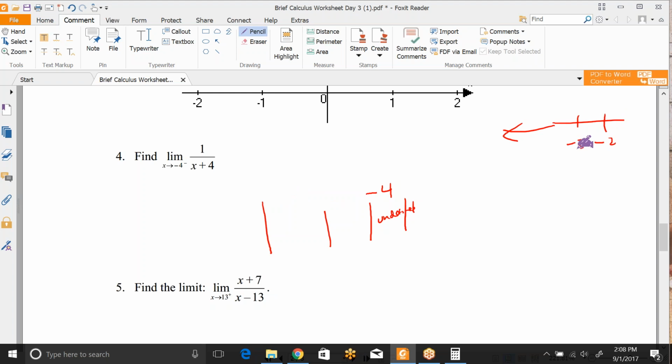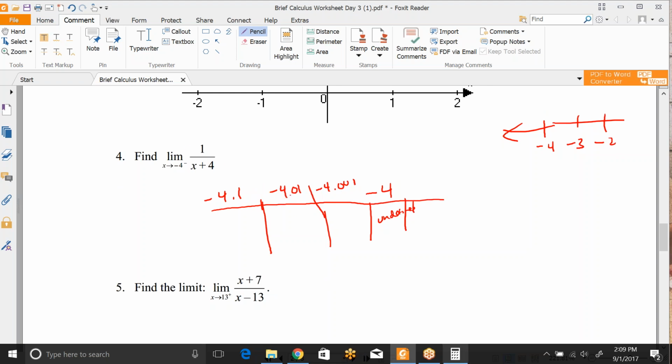So negative 2, negative 3, negative 4. If we go more to the left, we're at negative 4.001. Negative 4.01 and negative 4.1. If we wanted to do the right-sided limit, then we could do the negative 3.999, 3.99, 3.9. So you just have to step away in the correct direction on your number line.